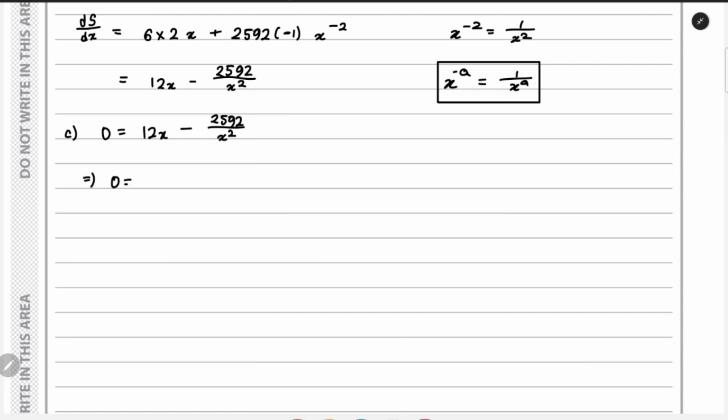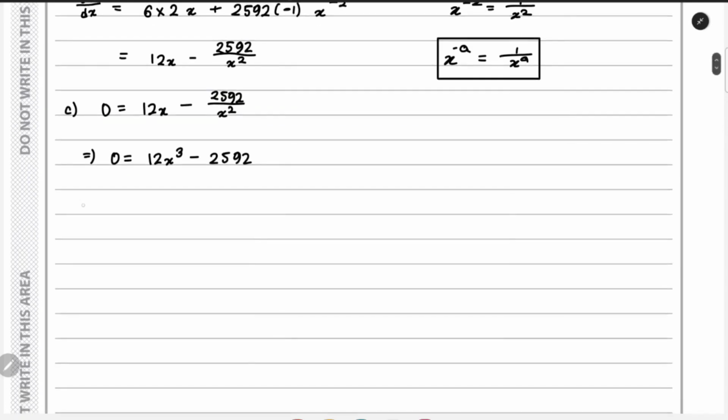We can multiply both sides with x square, so we'll get 12x cube minus 2592. We'll get 12x cube equal to 2592. X cube will be equal to 216. Therefore x will be equal to the cube root of 216, which is equal to 6.